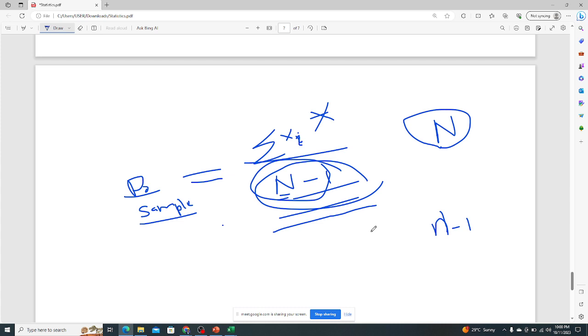So that means the way of calculating the sample mean is not fixed? We can either say the sum of the values over the count of the values, or the sum of the values over the count of the values minus one, and either would be the mean of the sample. Yes, correct. Why?